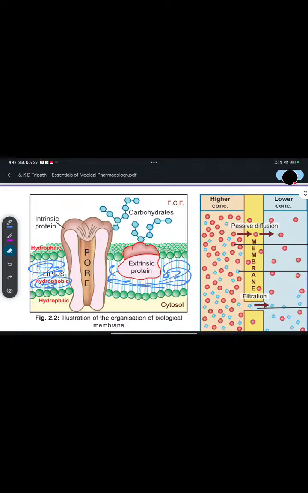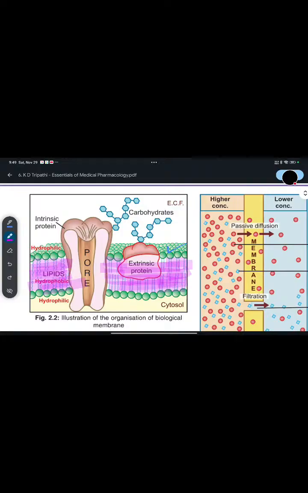The hydrophilic part will also allow the transport of ionic, water-soluble, and polar substances, whereas the non-ionic or hydrophobic part will allow the transport of water-insoluble or non-ionic substances.